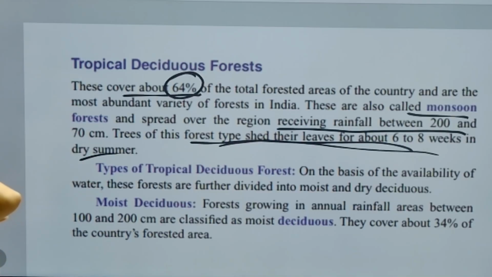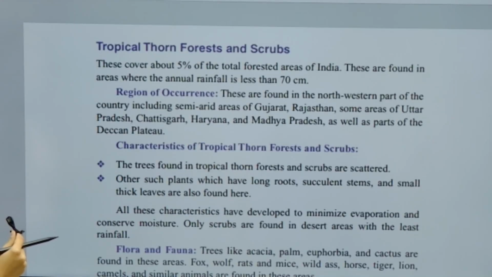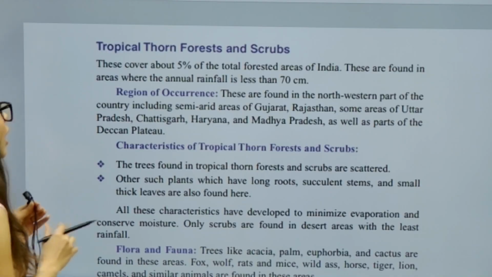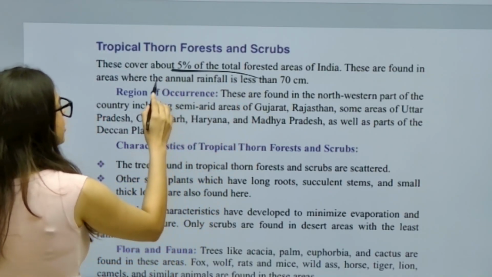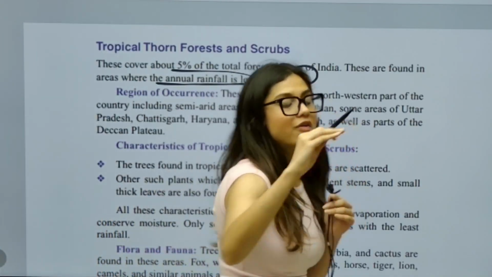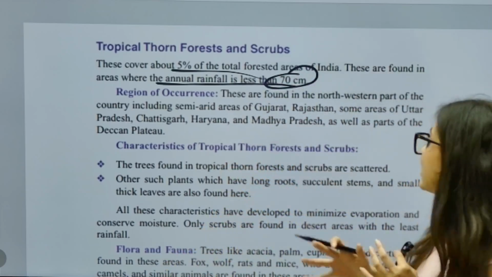So types of tropical: number one, moist deciduous forest, covering 34% of the country's area. Then come thorns and the scrubs, 5% of the total forest, with rainfall less than 70. So it is 200, between 70 and 200, and less than 70.